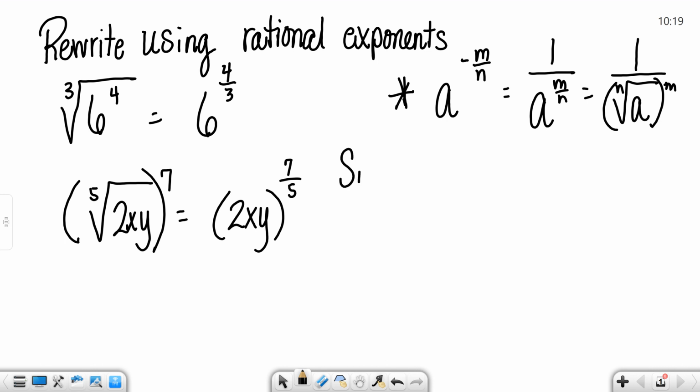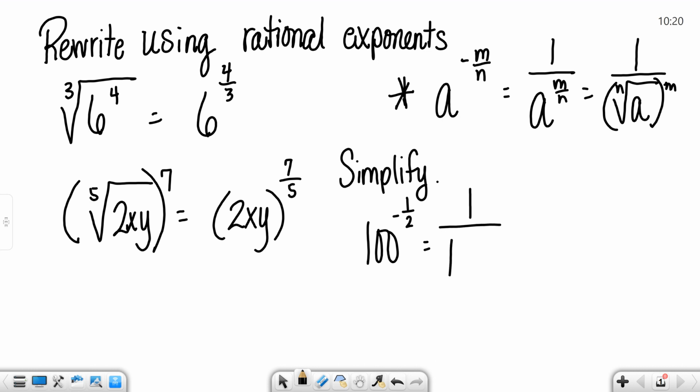Okay. So let's simplify using that rule. If I had 100 to the negative 1/2, the negative 1/2 means put the whole thing in the denominator, and now it's a positive exponent. Okay, not finished, because 100 to the 1/2 means the square root of 100, which is 10. So we get 1/10 for our answer.